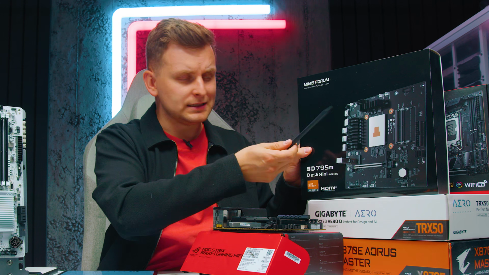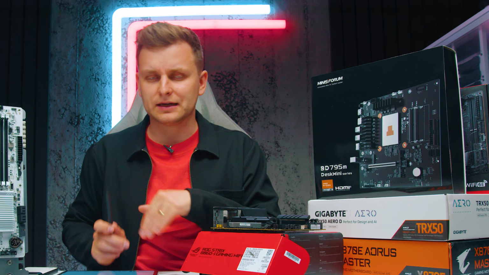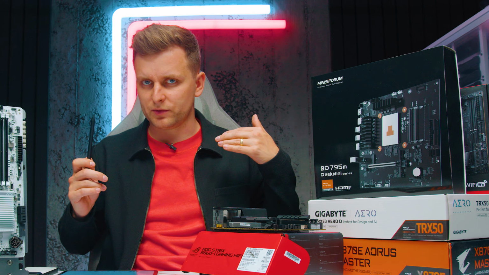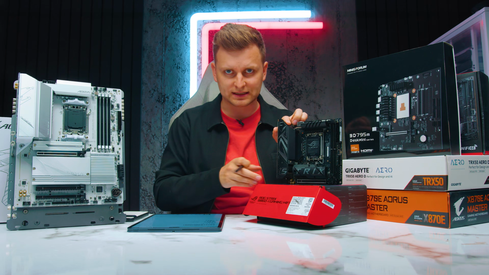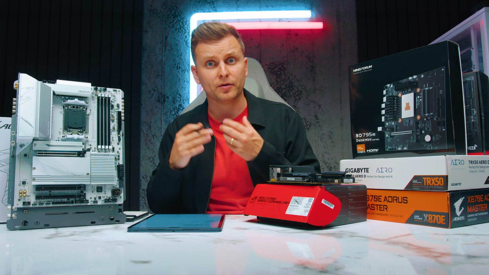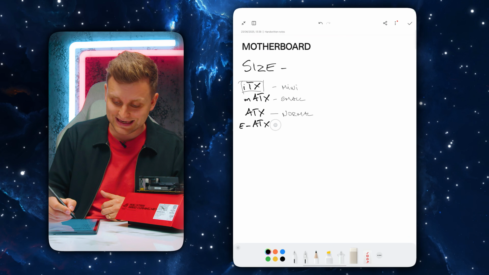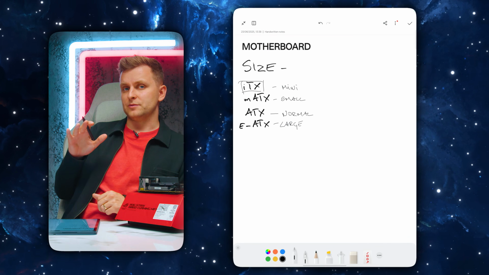This over here is M-ATX, and usually M-ATX, ITX, and ATX are all the same width. So when we're talking about ATX, this is the size. When we're talking about ITX, this is the size. You don't need to worry about it. But there is one other abnormal size, which is EATX, and I would call that large.